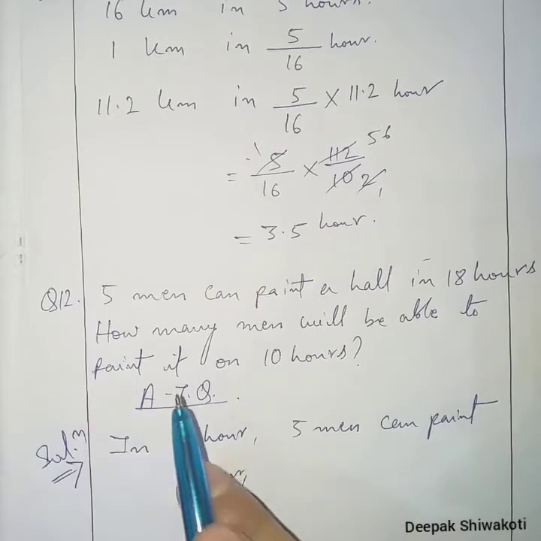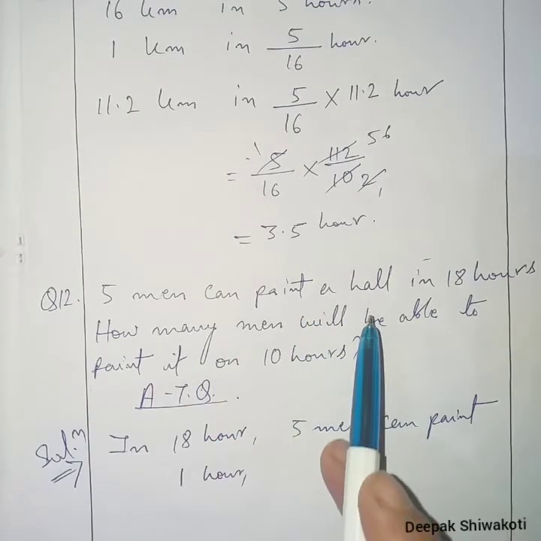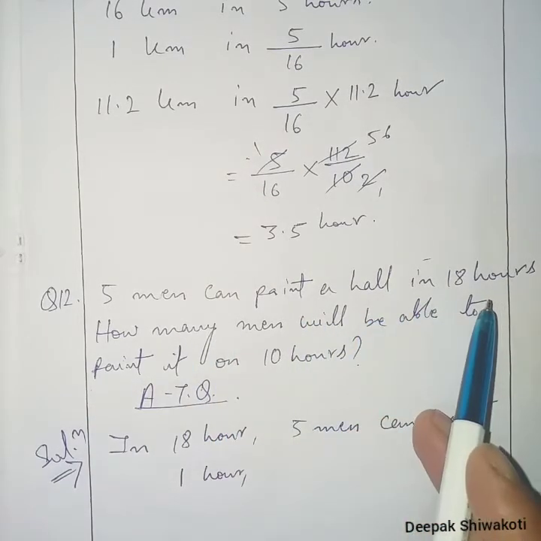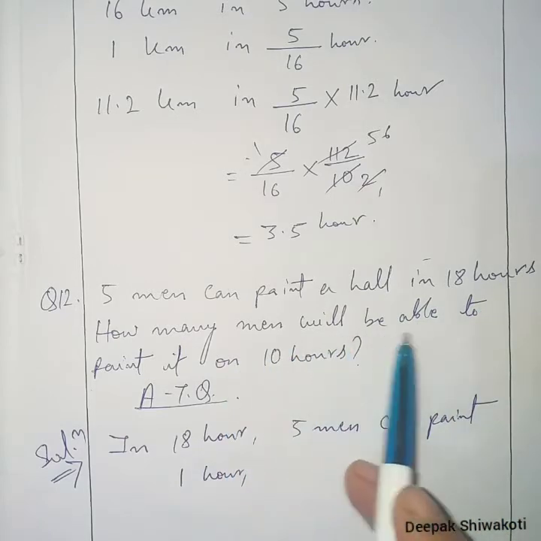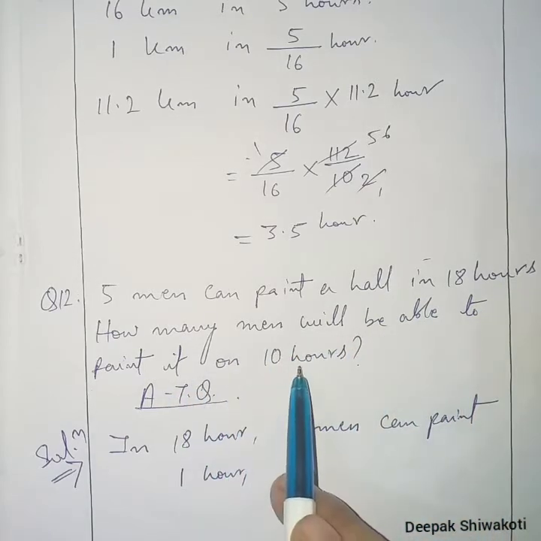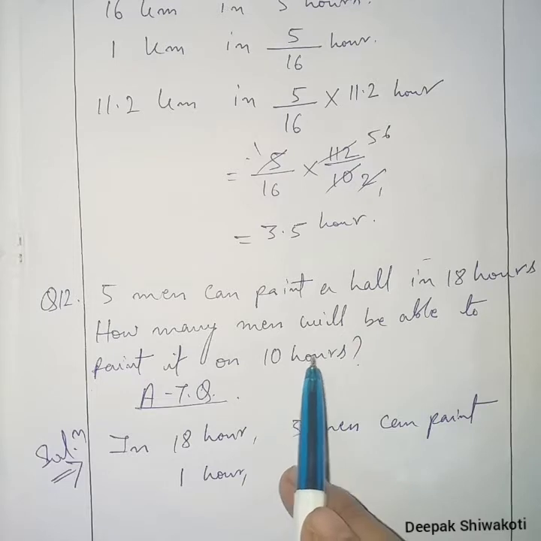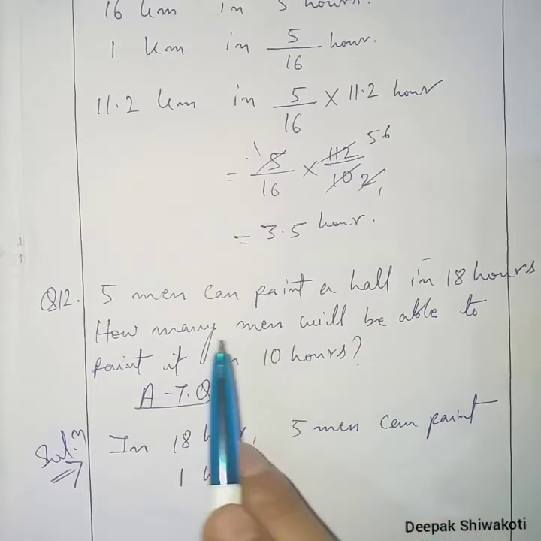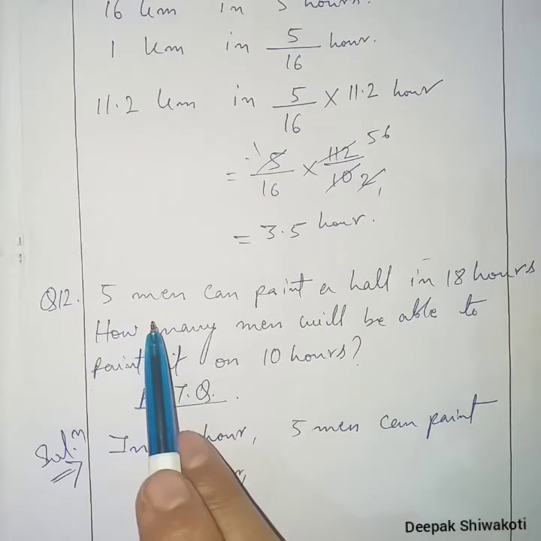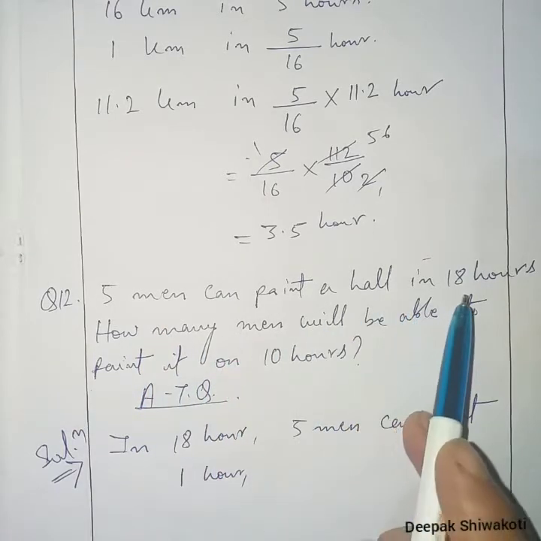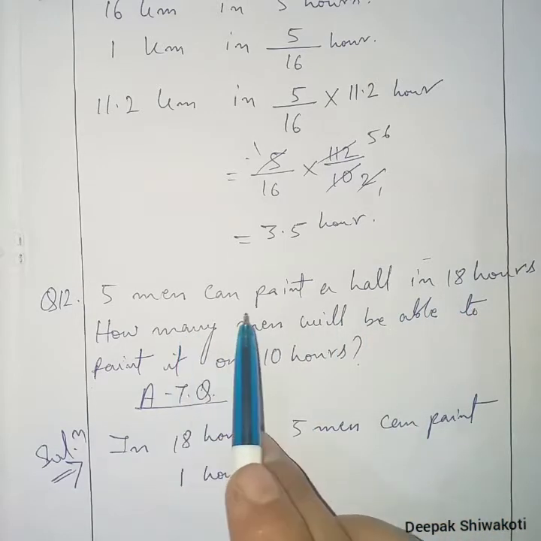Question number 12. 5 men can paint a hall in 18 hour. How many men will be able to paint it in 10 hour? So as the time is less, the number of workers will be more, because in 18 hour 5 men can paint.